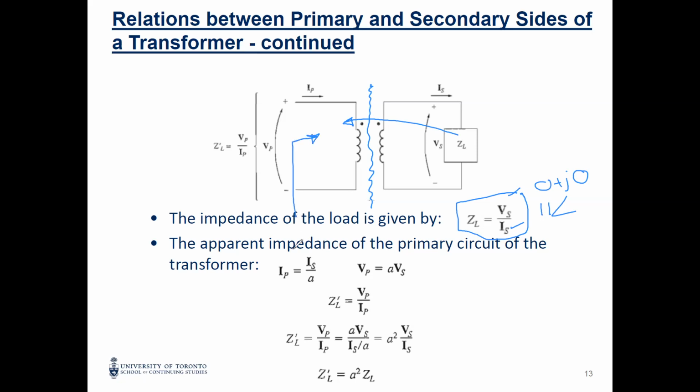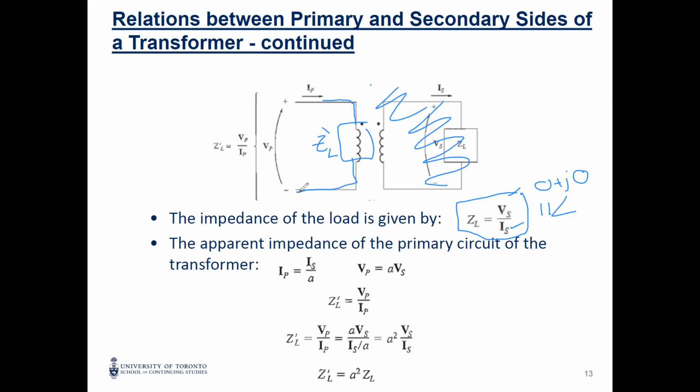Then the equivalent circuit will be as if the impedance is here, one circuit, ignoring the secondary. And this will be the ZL, but I'm going to call it ZL prime.